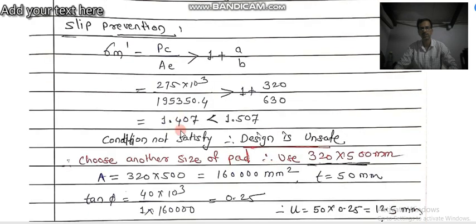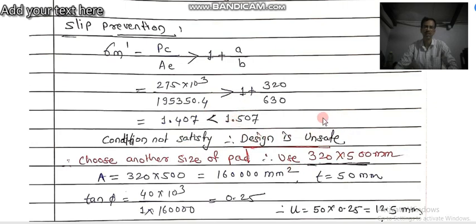And here if you see this, PC by A must be greater than this right hand side, 1 plus A by B, but here left hand side PC by A is lesser than 1.507. Therefore this condition is not satisfied, and therefore this design is unsafe.